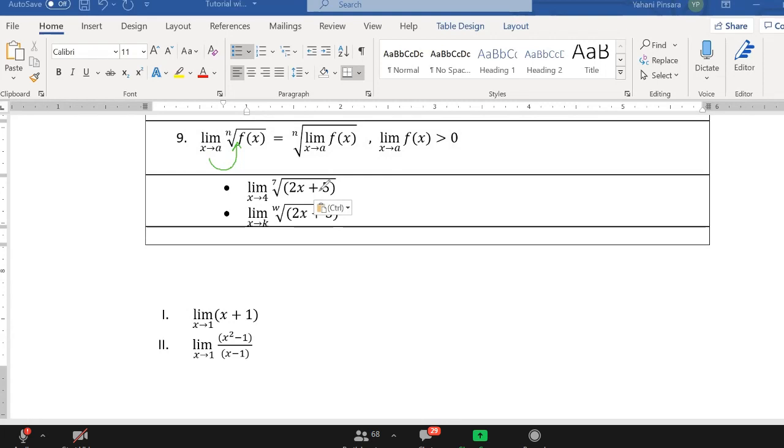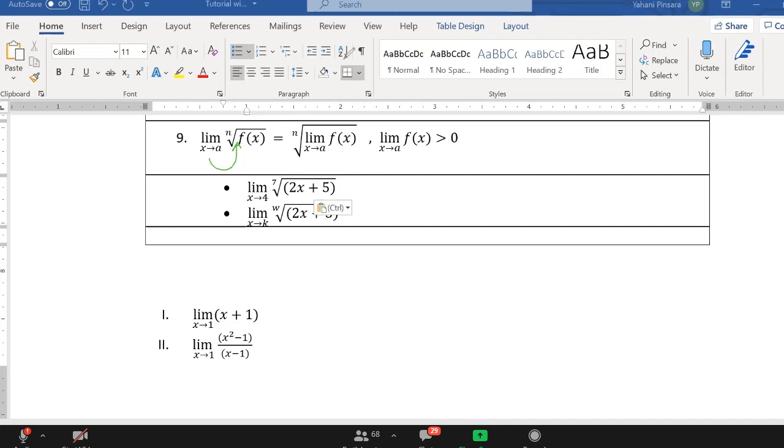So if you have a function of x, which is the variable of the limit, and you have to find the nth root of it, what you can do is take this limit inside the root.